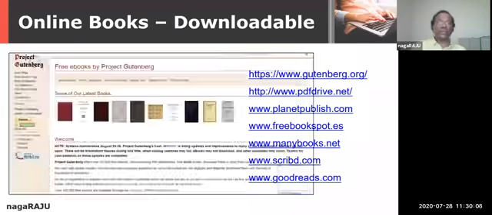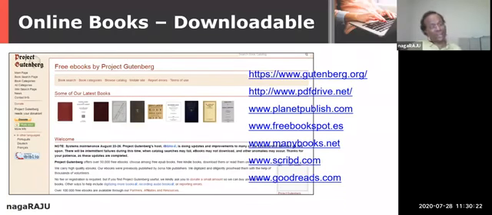Let me just show you one. This is Project Gutenberg. I don't think there'll be any language teacher or teacher who does not know what Gutenberg is. Project Gutenberg is an effort to bring millions of books to our home free of cost, to our laptop free of cost. You can read almost everything here.